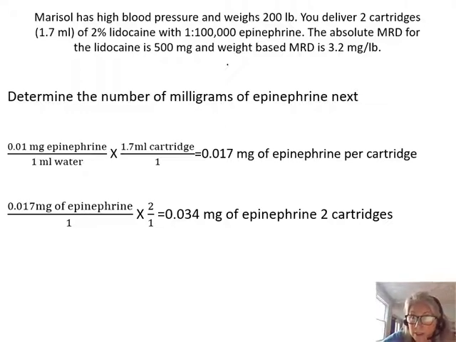We've also given epinephrine. So 0.01 milligrams of epinephrine multiplied by 1.7 milliliter cartridge equals 0.017 milligrams of epinephrine per cartridge. We've delivered 2 cartridges, which is 0.034 milligrams of epinephrine that we've delivered.